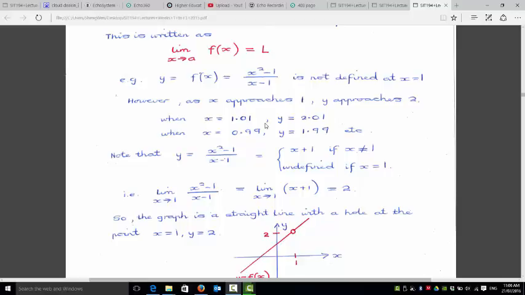For example, on the right hand side, 1.01, which is slightly bigger than 1, we get y is equal to 2.01, and we can also calculate x is equal to 0.99, and then we get a value of 1.99, etc.